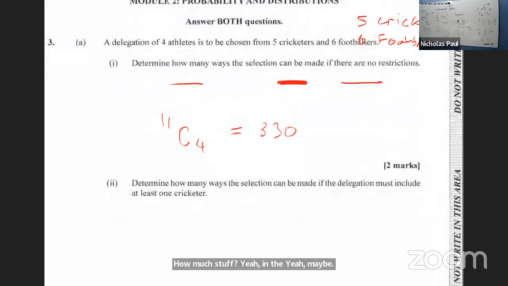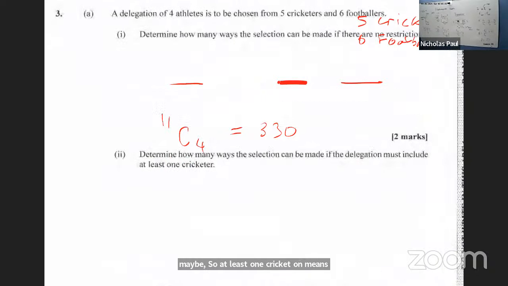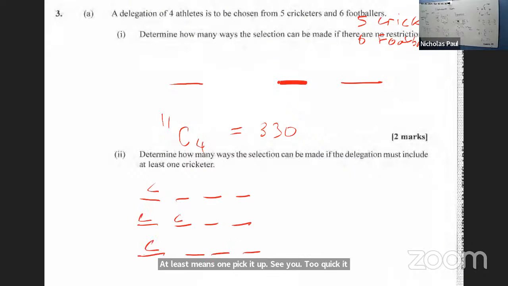So at least 1 cricketer means what? At least means 1 cricketer, 3 footballers; 2 cricketers, 2 footballers; 3 cricketers, 1 footballer; all cricketers. I have all the options. You add them and then they multiply, right?